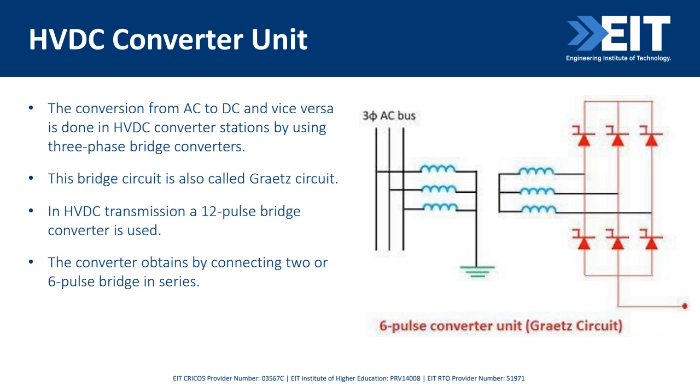The conversion from AC to DC and vice versa is done at these converter stations by using bridge converters. These are three-phase bridge converters, basically taking in AC power and converting it into one combined DC output.